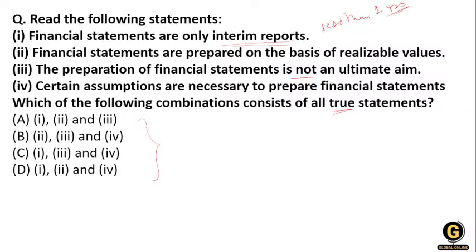Interim reports are used to convey the performance of the company before the end of the financial year. So the statement that financial statements are only interim reports, meaning for less than 1 year, isn't it true? Then the second one is whether financial statements are prepared on the basis of realizable value.